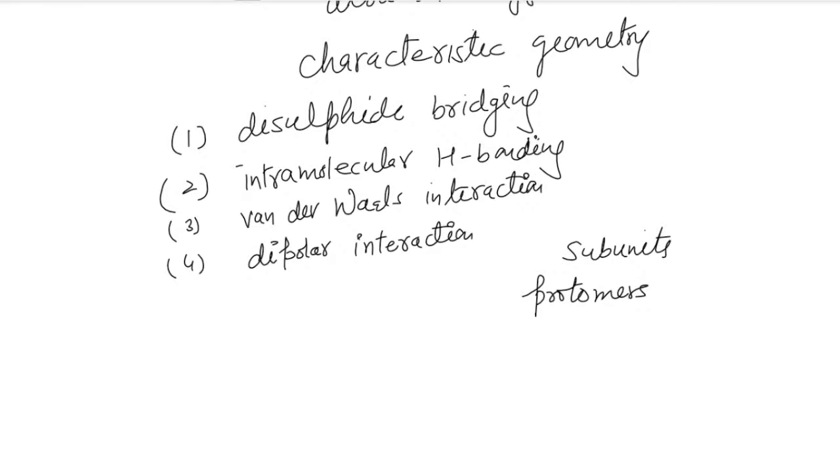Fibrous proteins are thread-like, globular proteins are spheroidal in shape. Second thing, fibrous proteins are insoluble in water, but globular proteins are soluble in water. Why is it so?